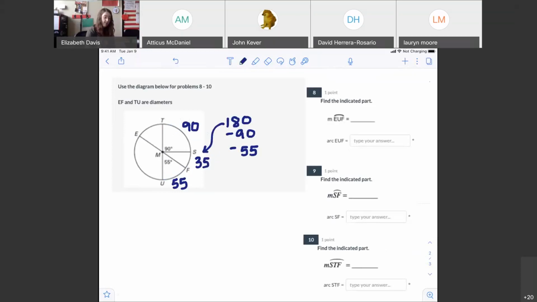Okay. Now, to find from E to T, you could also use that as a diameter. So we know all of these arcs are going to add up to 180. Or we could say that these are vertical angles, so they're congruent, and this is also 55.